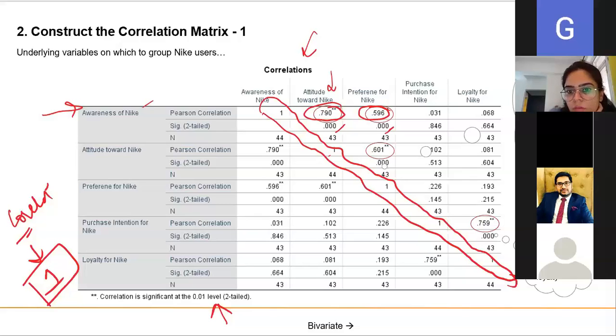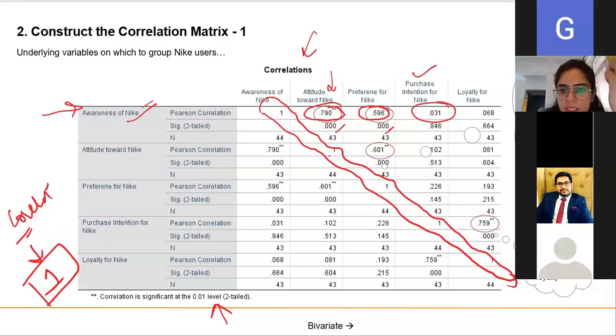What about purchase intention? Is there any correlation between awareness of Nike and purchase intention for Nike? No, ma'am. First thing, it is less than 0.5, so the correlation is very weak. There is no correlation.